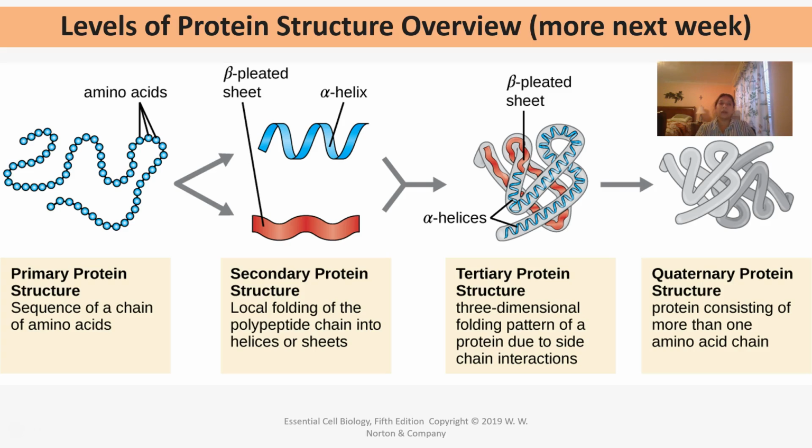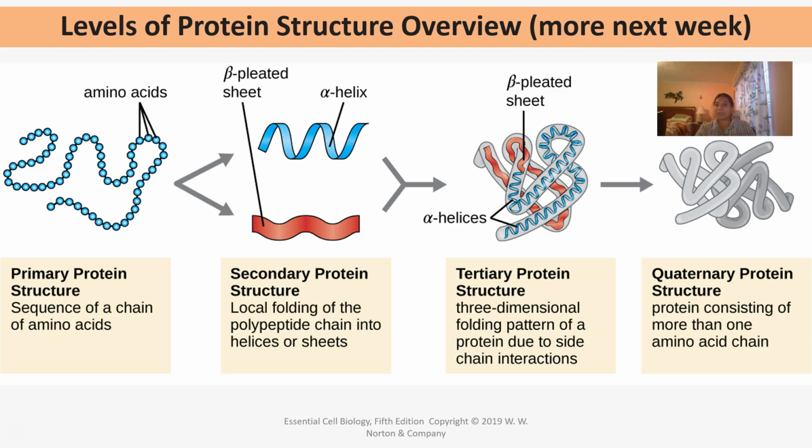So proteins are formed through a chain of amino acids in a particular order, in response to your nucleotide code. That is what we call the primary protein structure. It's just the sequence of the amino acids in the correct order.